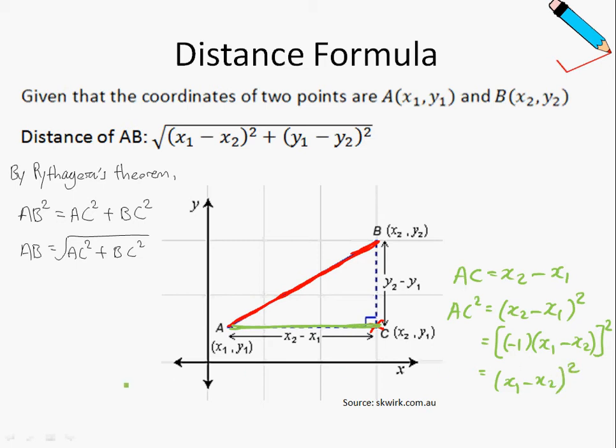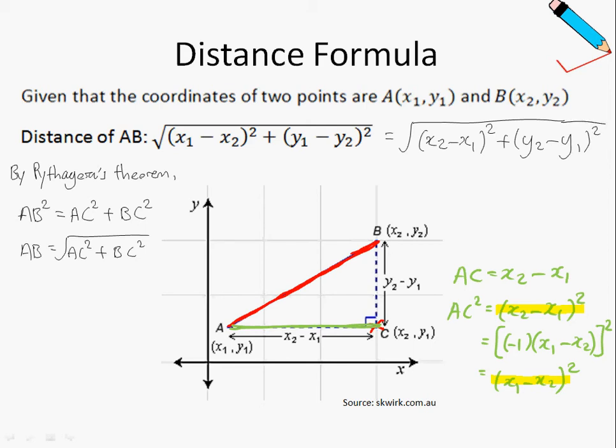You see that this expression is the same as this expression, just to show you that the formula can be written in two ways. The other form can also be written as x2 minus x1 squared plus y2 minus y1 squared.